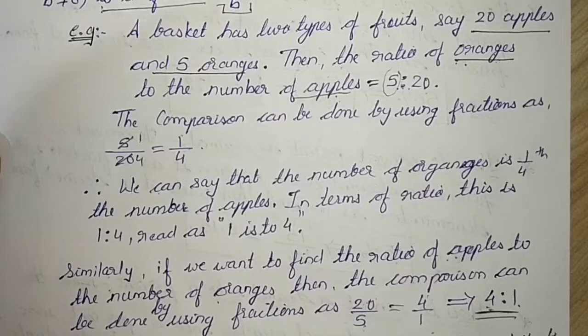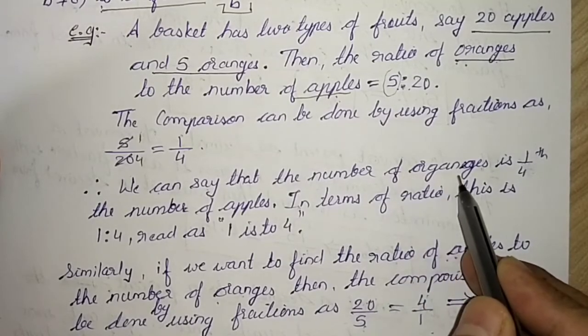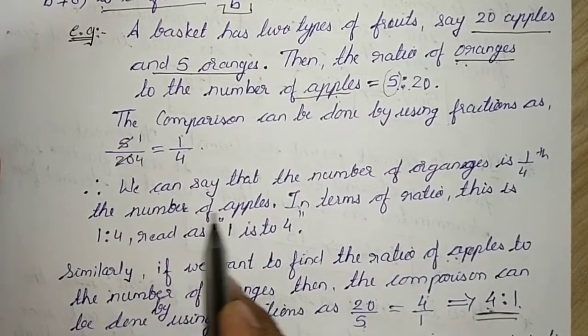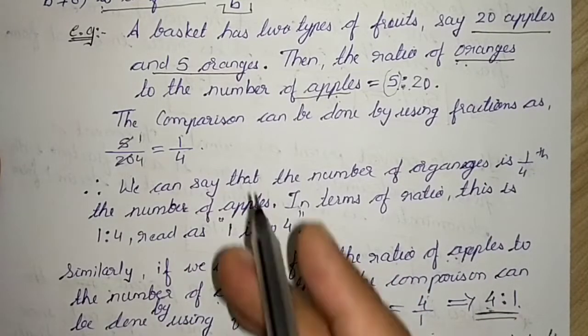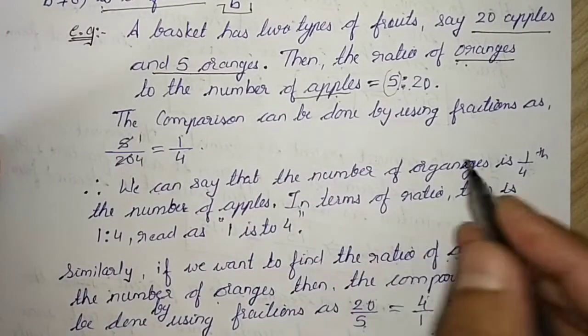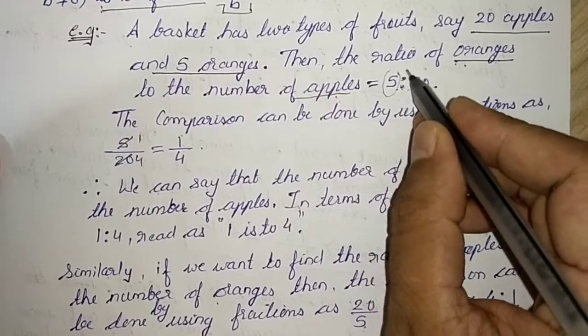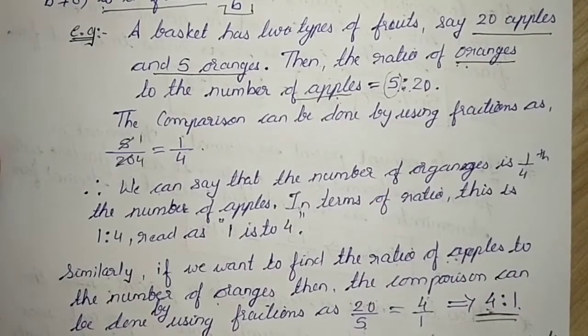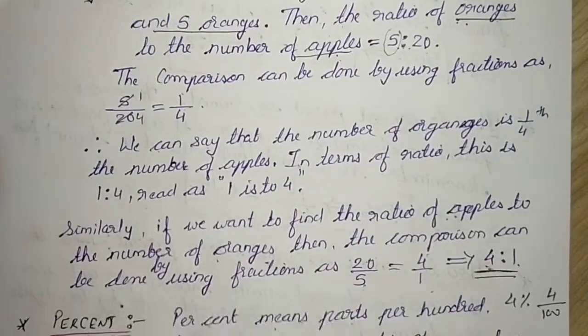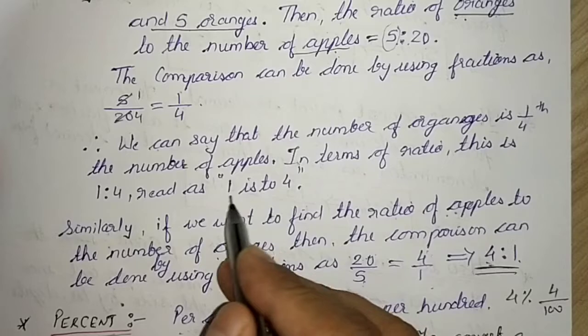Finally, we have obtained that the number of oranges is 1/4 of the number of apples. That is, it is 1 by 4th of the apples. This symbol, students, is read as 'is to'. 5 is to 20, 1 is to 4.